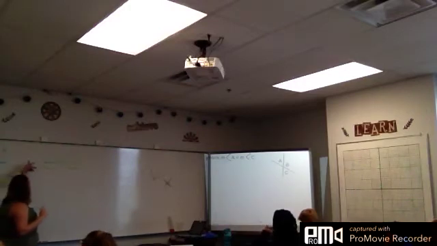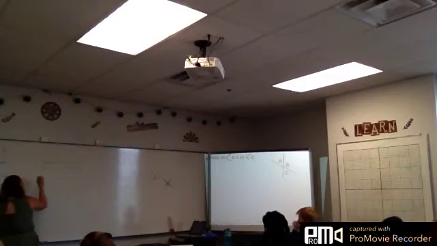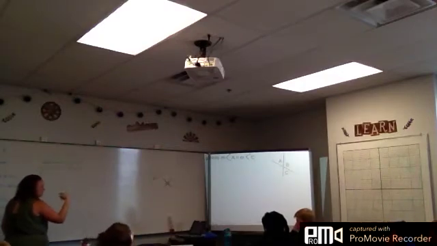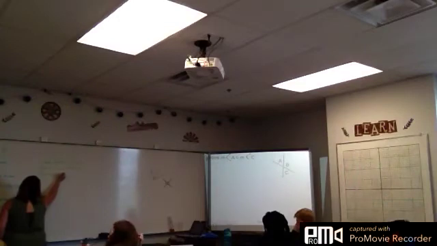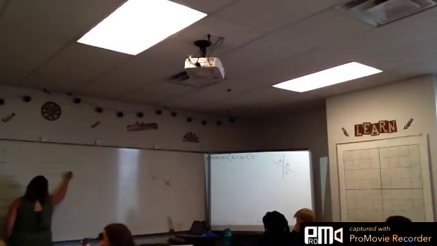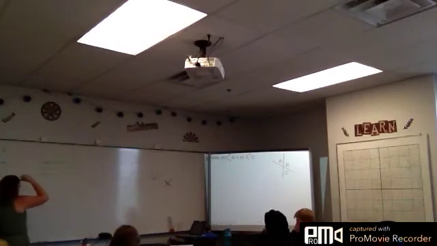These are the two steps we have. Measure of angle C plus measure of angle B equals 180. What did I just do? Substitution.